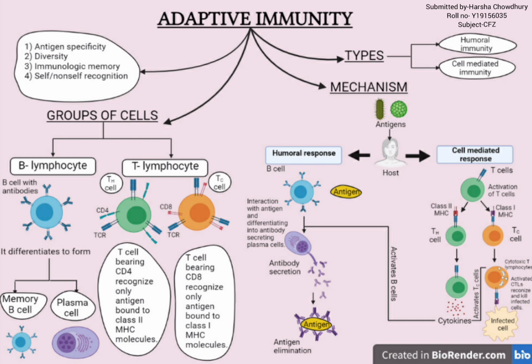That is, the second encounter with the same antigen induces immune reactivity. Last but not the least, the ability of the immune system to distinguish self from non-self molecules, which is quite essential.